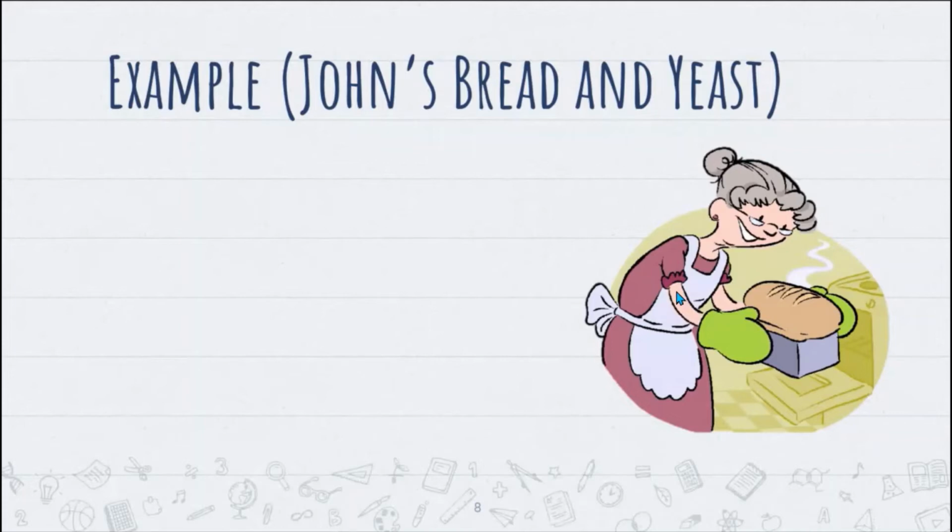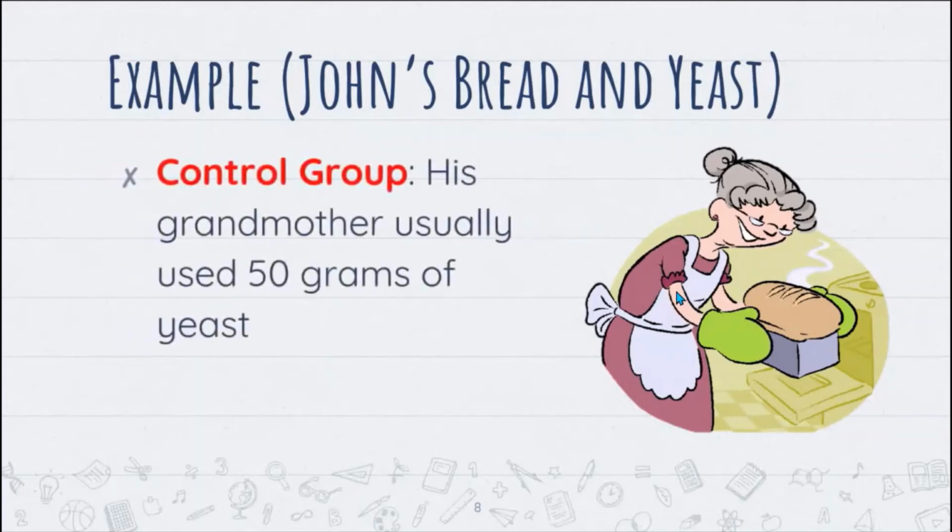Typically, his grandmother usually uses 50 grams of yeast. So we will use it as our control group because that is the typical amount of yeast that his grandmother uses while baking bread.